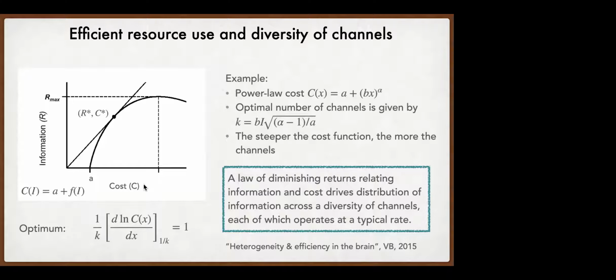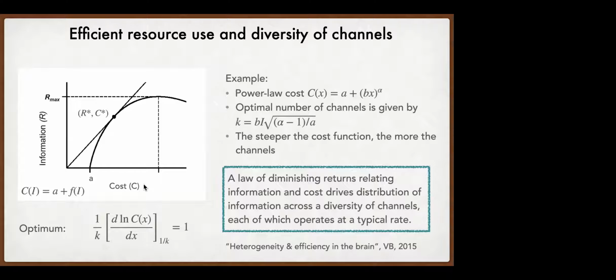So in other words, one should expect that if the brain is an expensive tissue, and if computation and communication are expensive, the channels will get organized in such a manner that they will have some typical operating rate, and will distribute their functions across that.